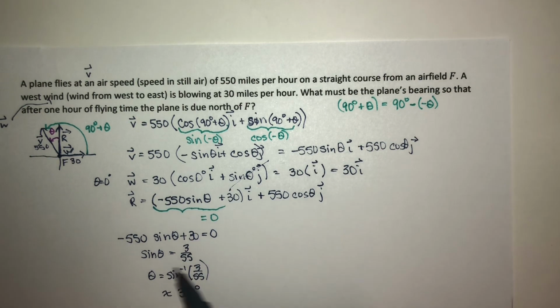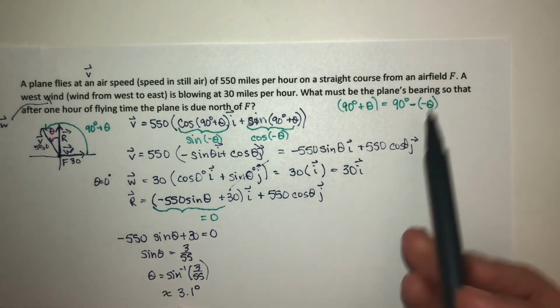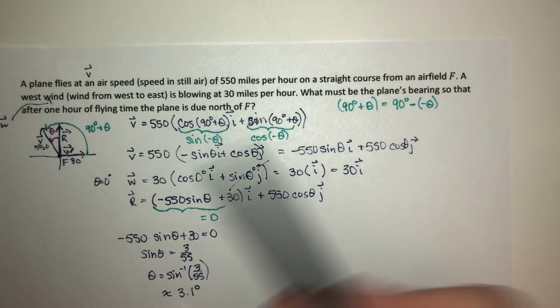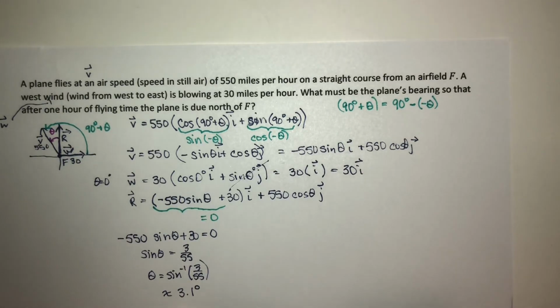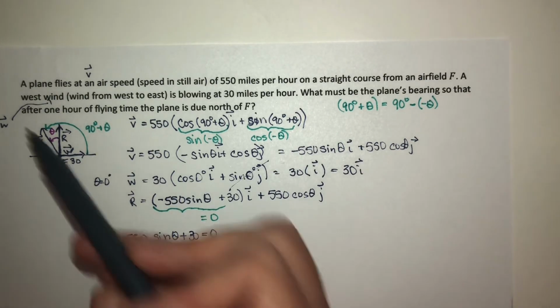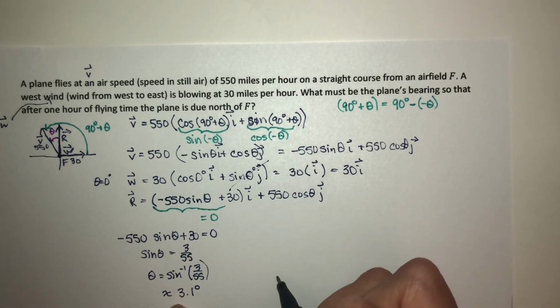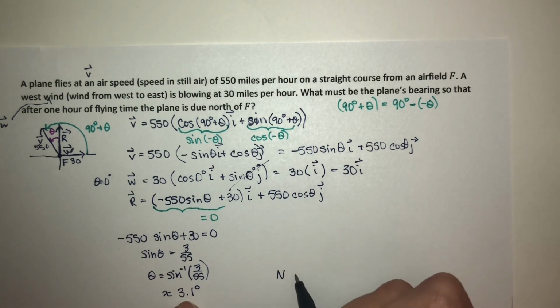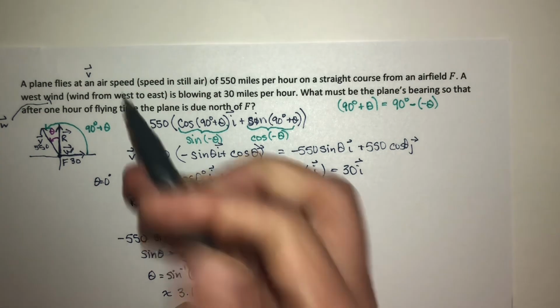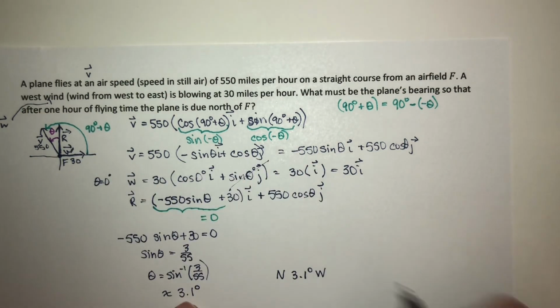Okay, so we're just asked for the bearing. We're not asked for the magnitude. This is our angle theta. The bearing that we're looking for is north, 3.1 degrees to the west. And this is our answer.